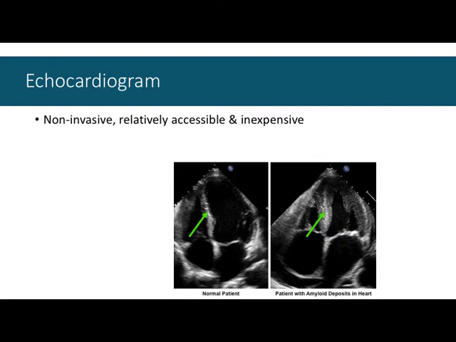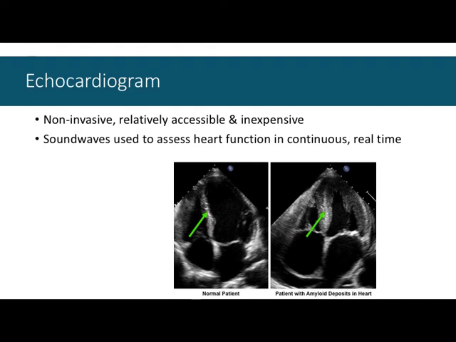But essentially, it's non-invasive, an ultrasound device where you can observe from the outside looking in, using sound waves, changes in the structure and function of the heart. So you can see in real time, valves opening, valves closing, ventricles enlarging, ventricles contracting.